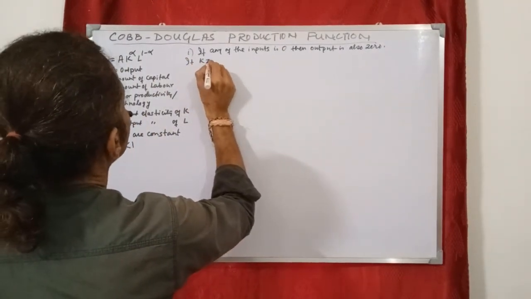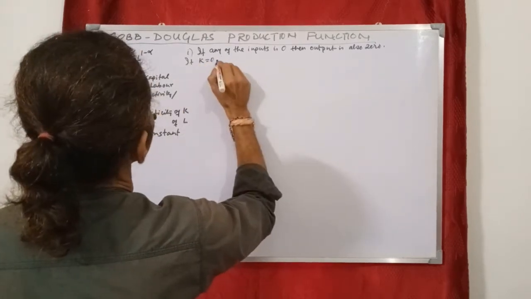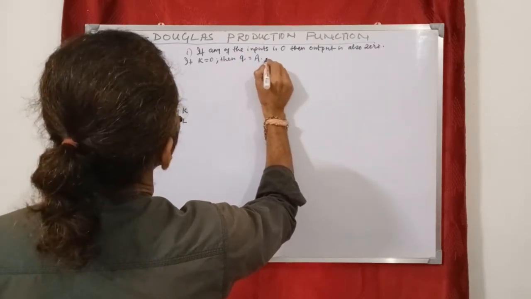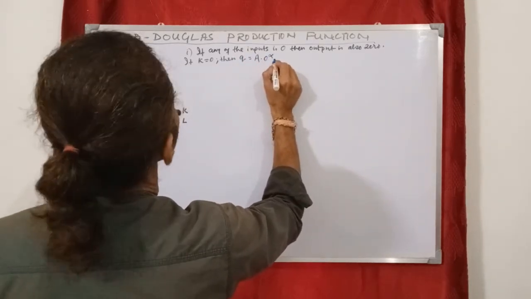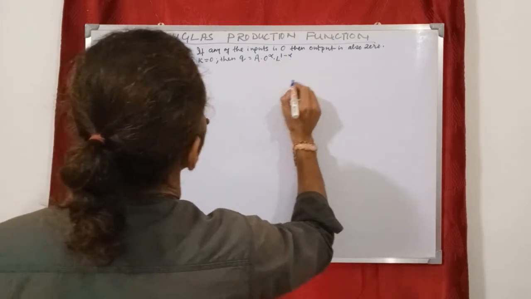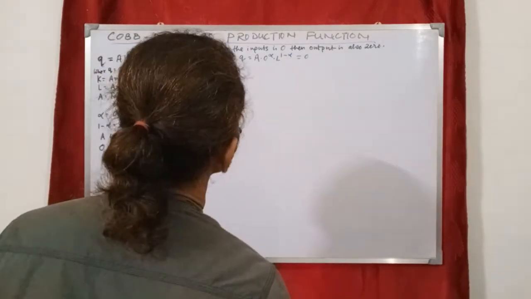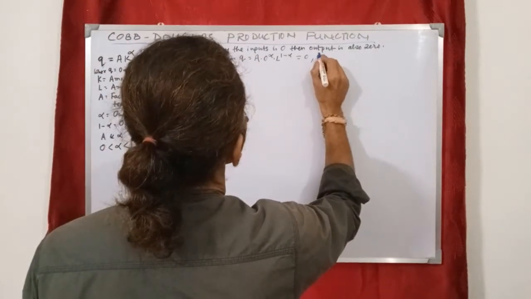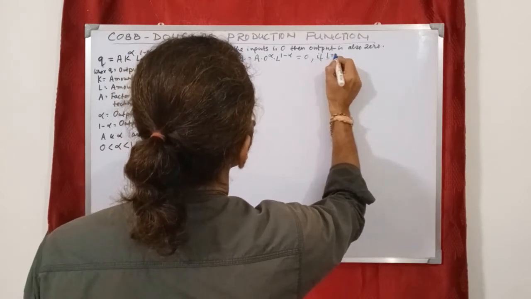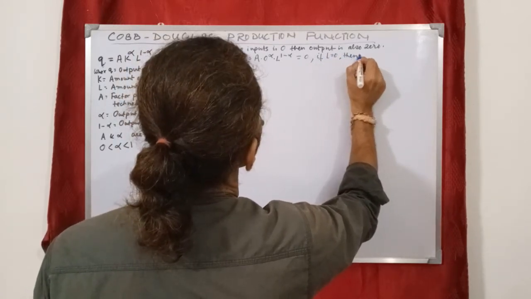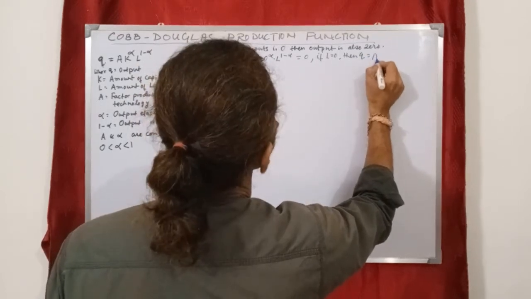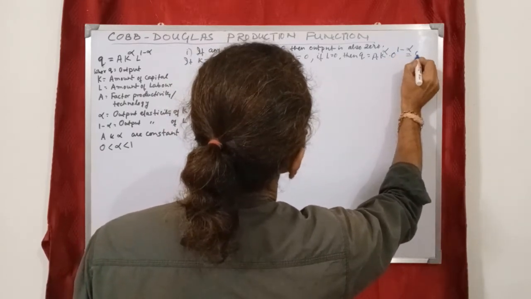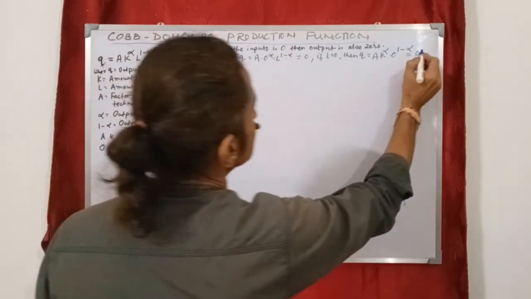If K is 0, then Q equals A into 0 to the power alpha, L to the power 1 minus alpha, which equals 0, because anything multiplied by 0 is 0. Similarly, if L is equal to 0, then Q equals A K to the power alpha, 0 to the power 1 minus alpha, which equals 0. Again, anything multiplied by 0 is 0.